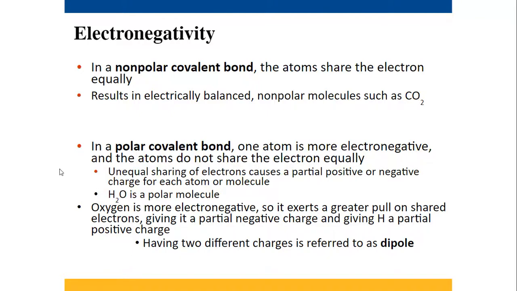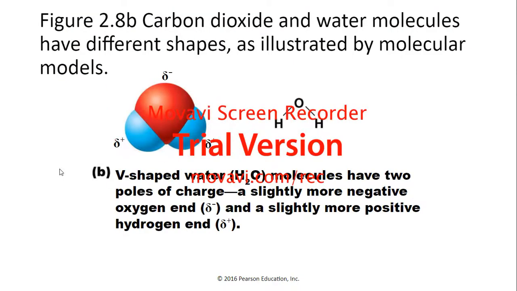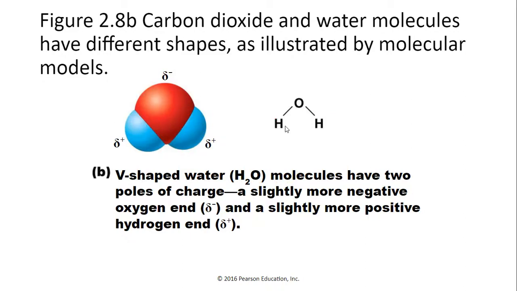Here we go. Even though you have H2O, so you got two hydrogens and an oxygen, this is a covalent bond. However, oxygen is way more electronegative than the hydrogen.